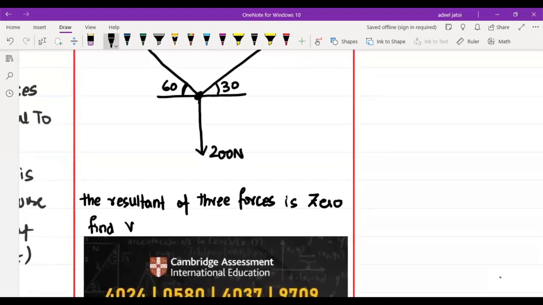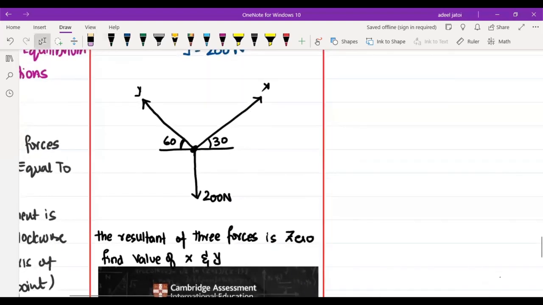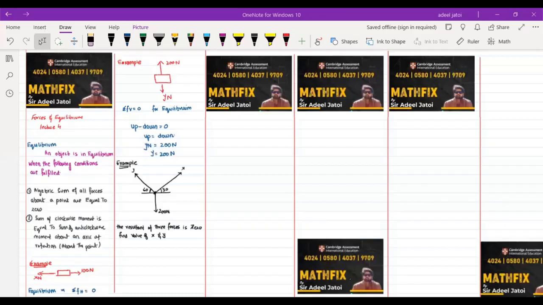The question says find the value of x and y. Now this is an example question. So the resultant of the three forces is 0. Find the value of x and y.